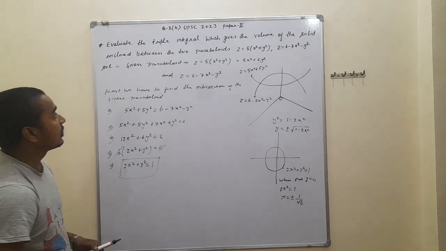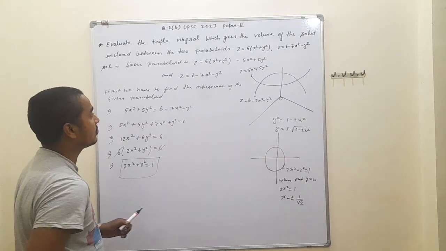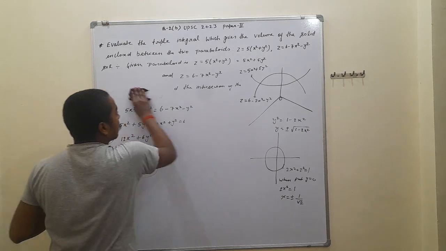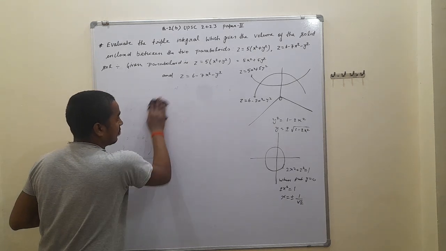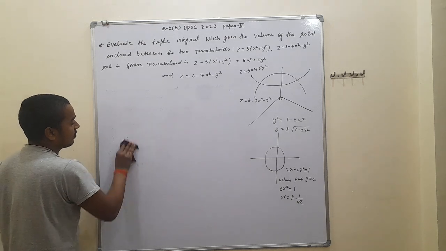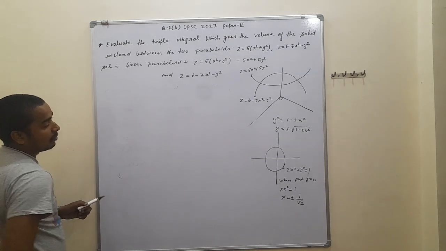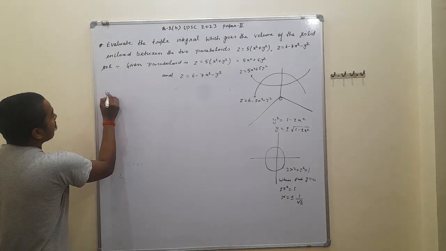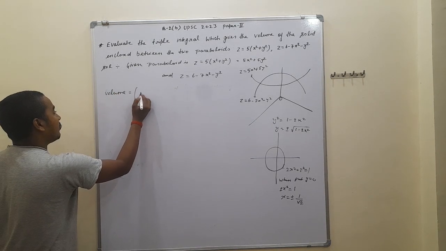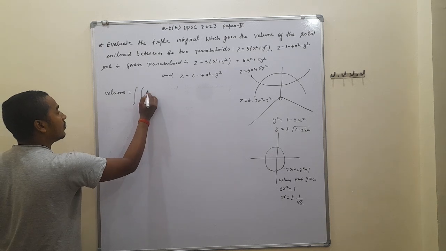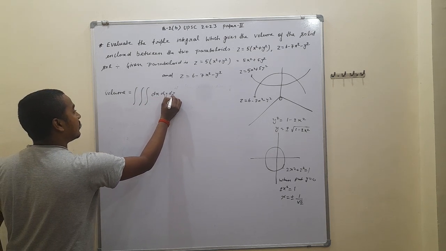In the given question, we have to find the volume enclosed between the two paraboloids, and the volume is given by the triple integration of dx, dy and dz.